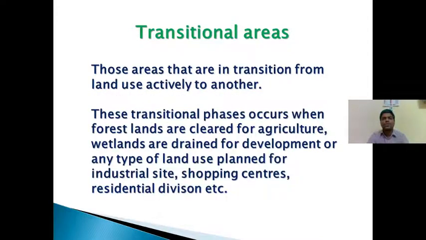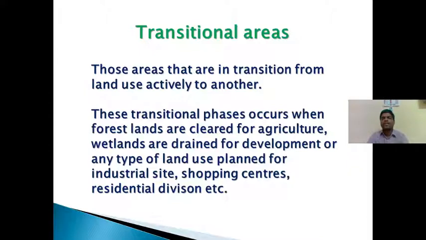And the last, fifth type of barren land is transitional areas. Transitional areas are those areas that are in transition from one land use to another. For example, this includes agricultural wetlands or planned sites for industrial production, shopping centers, residential divisions, and many more purposes.